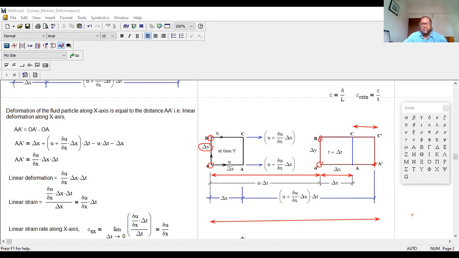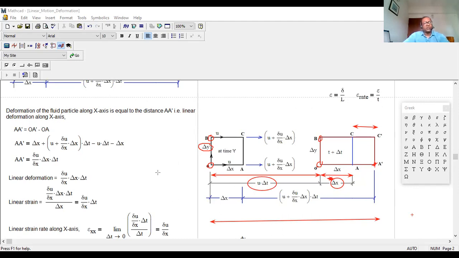This is delta x, this is delta x. So the distance from here to OA is u into t plus delta x. From the bottom distance, you subtract this value and this value, you will get this one. So that's what we did.